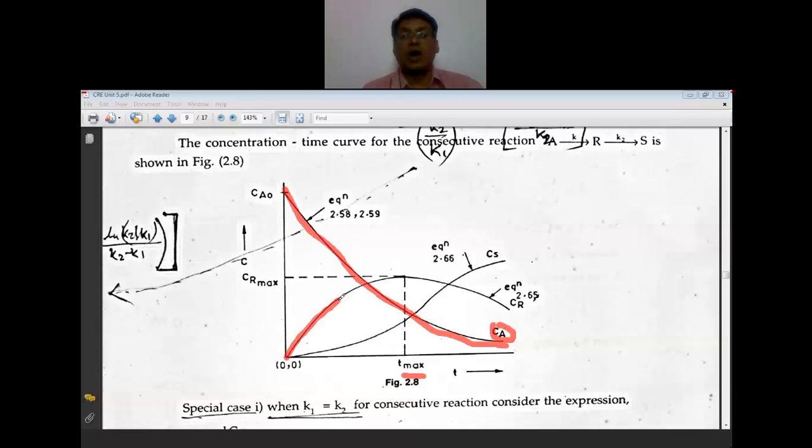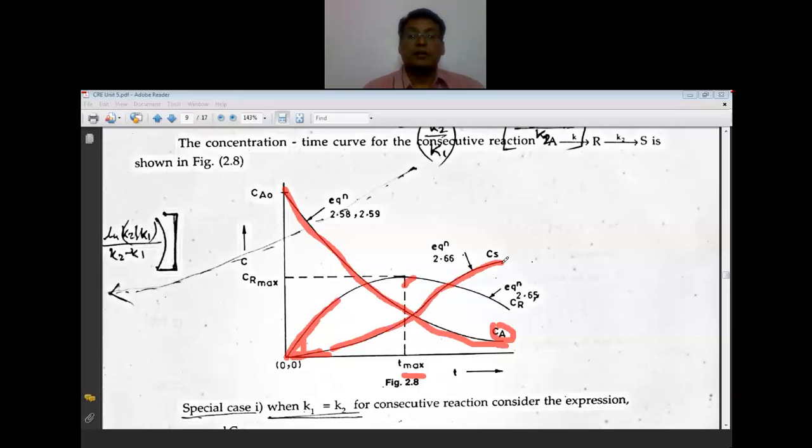Simultaneously, at the same time, some production of S starts, with a certain delay. First R will form, and after some time the formation of S will take place. So R will continuously increase and CS will also increase.